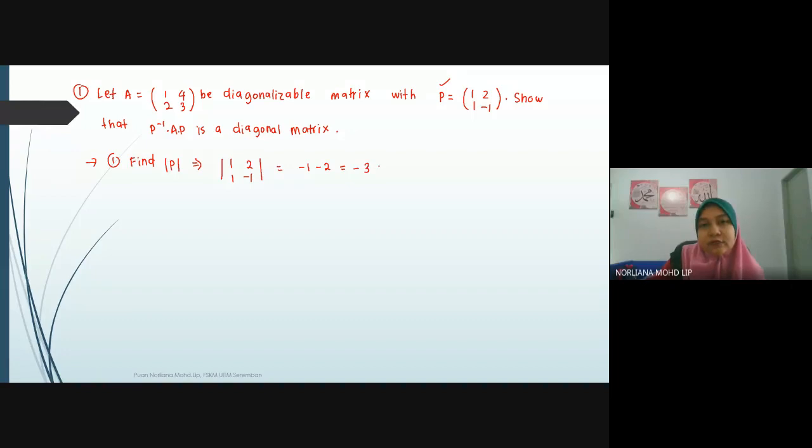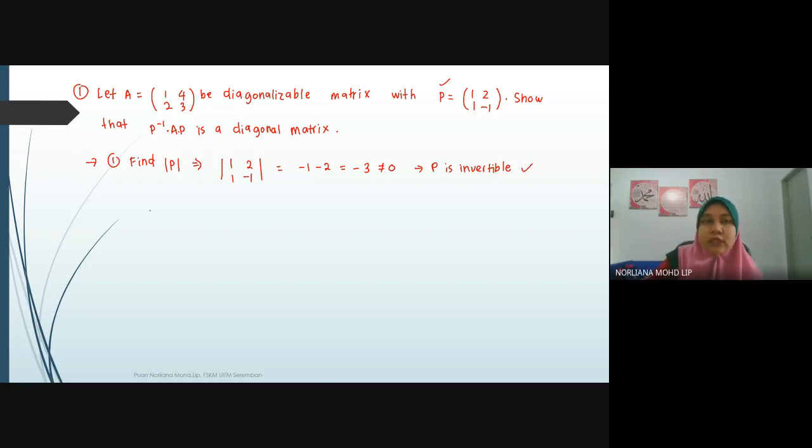Negative 3 is not equal to 0, so P is invertible. Therefore, we can find the P inverse.